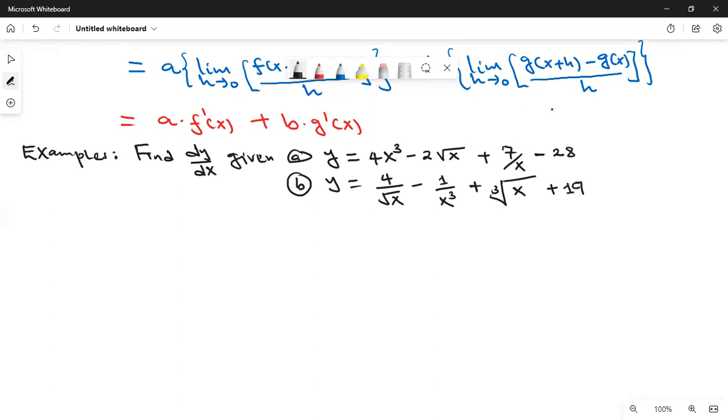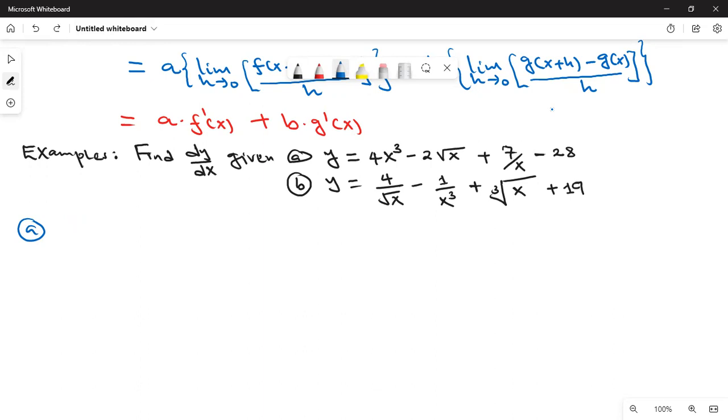Let's work them out. Solution, let me choose another color. In part A, dy dx. But before I write dy dx, let me rewrite that function so that I can easily apply the power rule of differentiation.